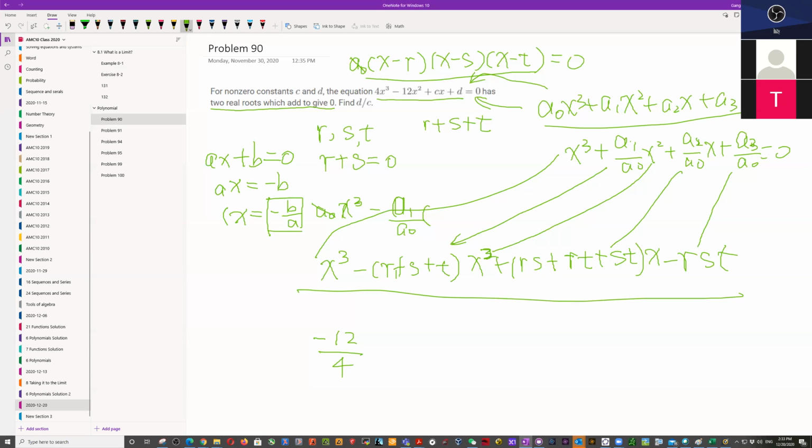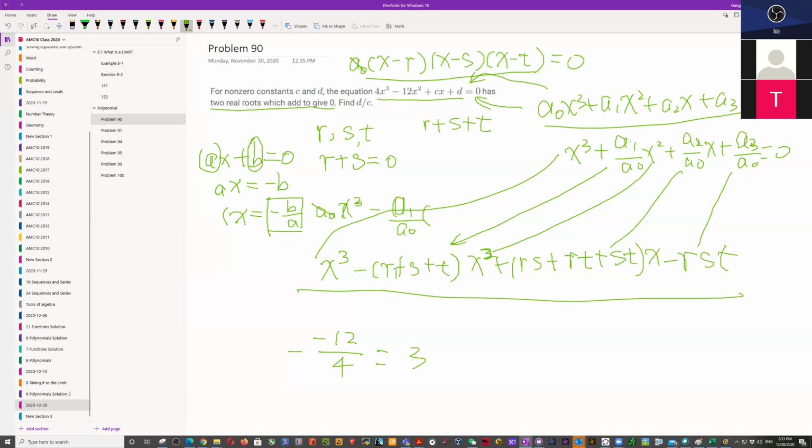So the sum of the roots is the quotient of the next highest coefficient over the highest coefficient. The next highest coefficient is negative 12 over the highest, and we have to put a negative, so negative times negative is positive.